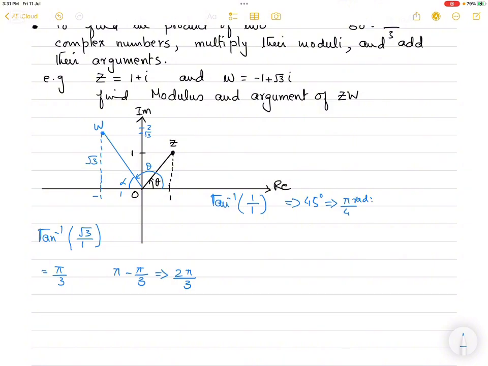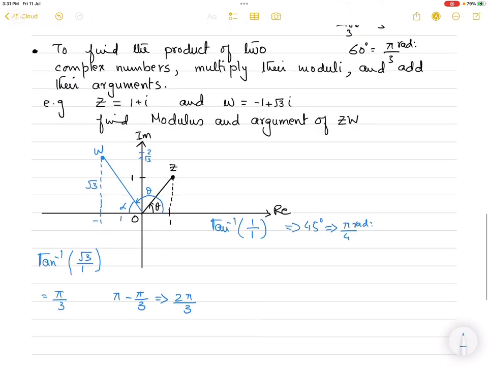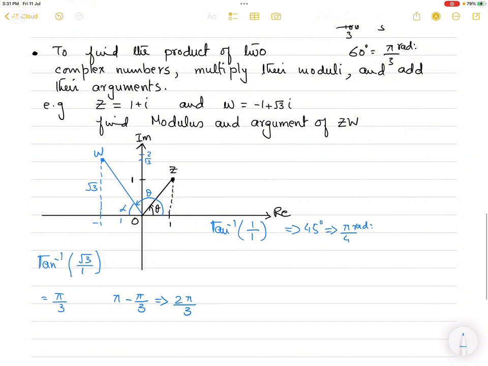Now to find the modulus of zw, as we are told, multiply their moduli and add their arguments.